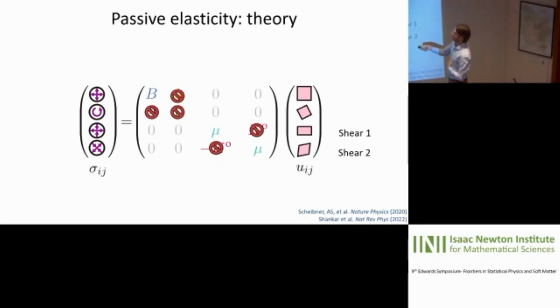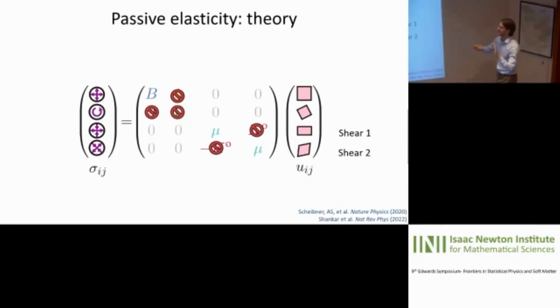In particular, this is the rotation line here, and there's no stress due to rigid body rotations and no torques due to any strains here.